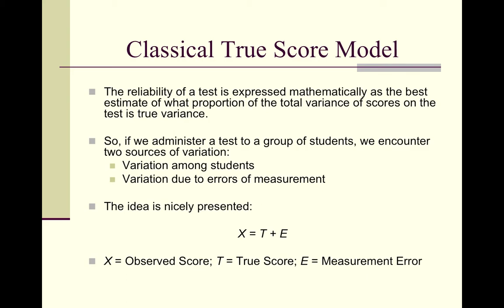So gang, at the end of the day, the idea is presented mathematically very, very nicely. Some of the stuff we get into later is not going to be presented so nicely, but we can say that the observed score can be expressed as the sum of the true score and the measurement error. So just to give you an idea, let's say that my true IQ is 80, and I go out and take an IQ test and I get an 82.